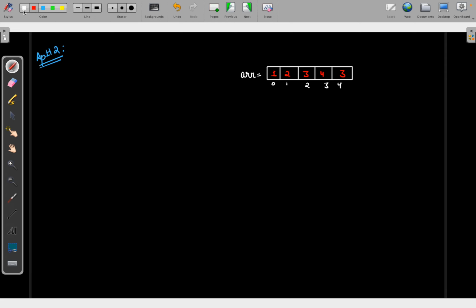Let's understand the problem statement again. I want to find the next greater number for 3, but I need to perform a circular rotation for it. So can I write all the elements that are before it here? Again, this is all dynamic. We are not going to double the array, but we will visualize it doubly.